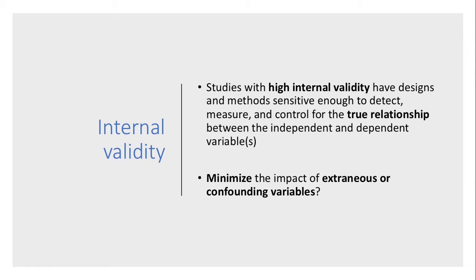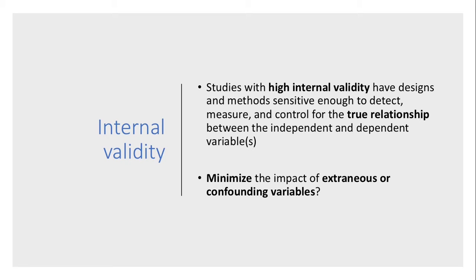Internal validity. Studies that have high internal validity have designs and methods that are sensitive enough to detect, measure, and control for the true relationship between the independent and dependent variable, or the treatment and the outcome. Studies with strong internal validity minimize the impact of what we call extraneous or confounding variables.